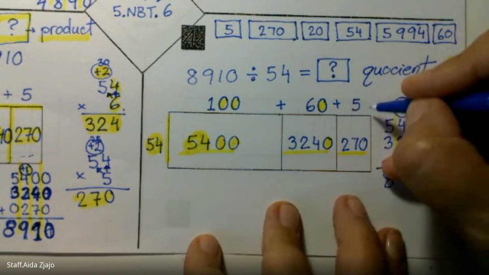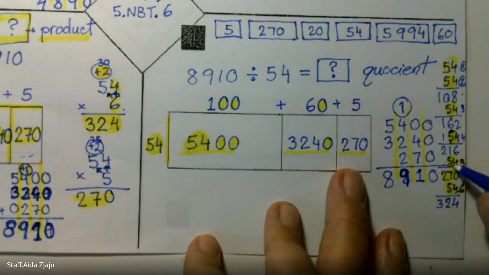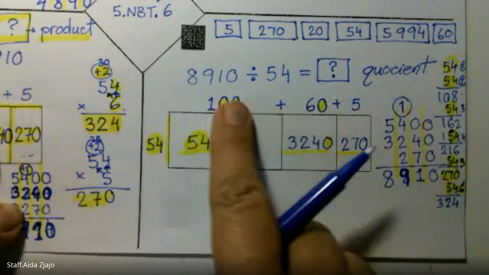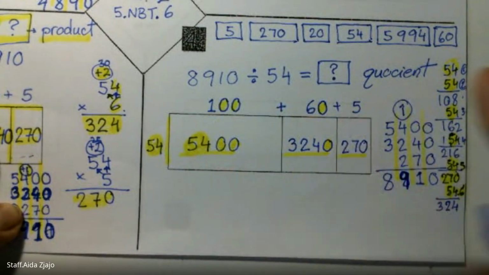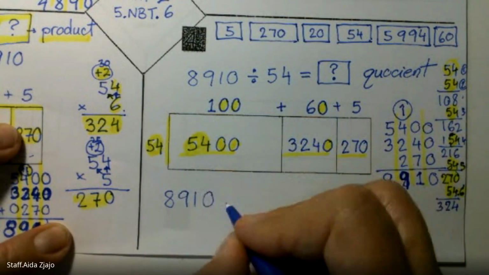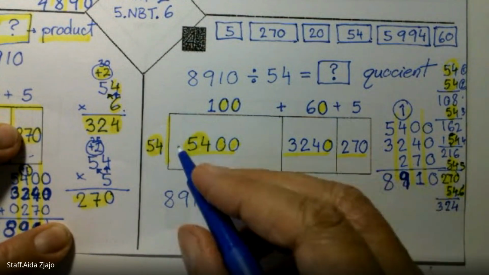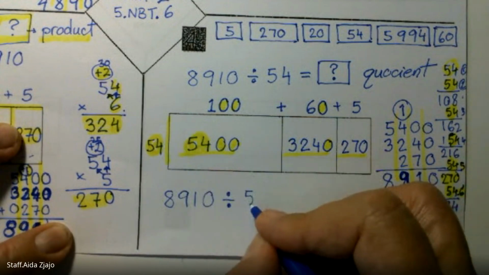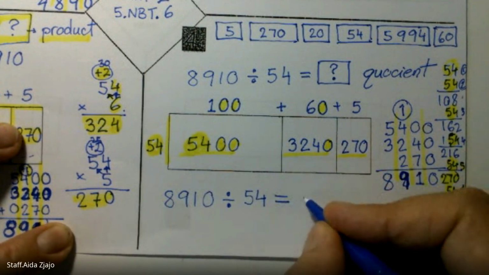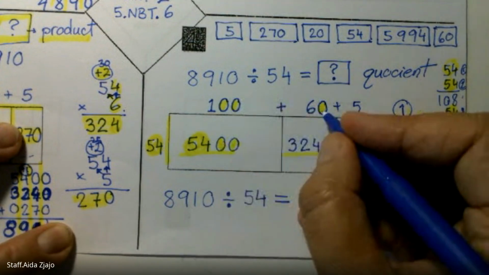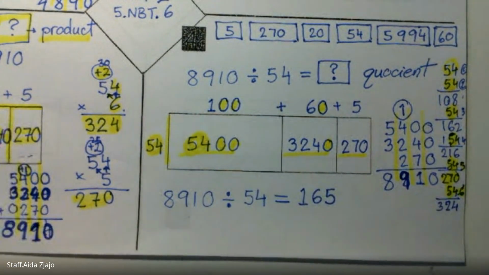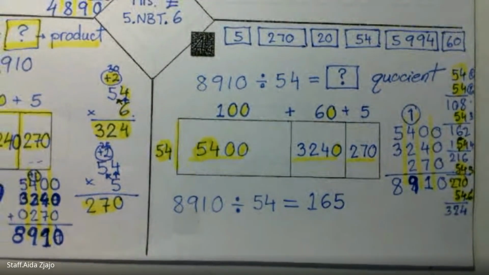So I've got my solution. My quotient is 165. So what this means is 8,910 was the division problem. The divisor was 54. The dividend was 8,910. And my quotient was 165.